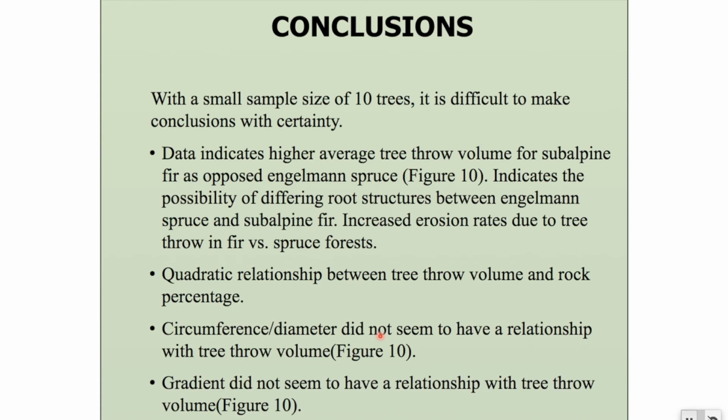But as Robert said earlier, our data indicates a higher average tree throw volume for subalpine fir as opposed to Engelmann spruce. This might indicate the possibility of differing root structures between the two species, and over a large area, maybe increased erosion rates in a fir forest versus a spruce forest.